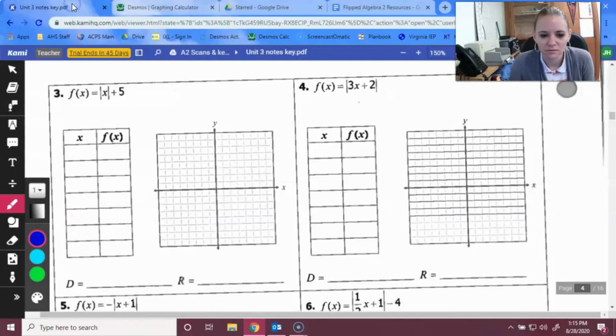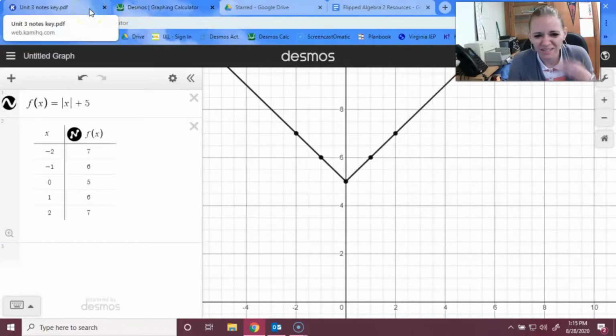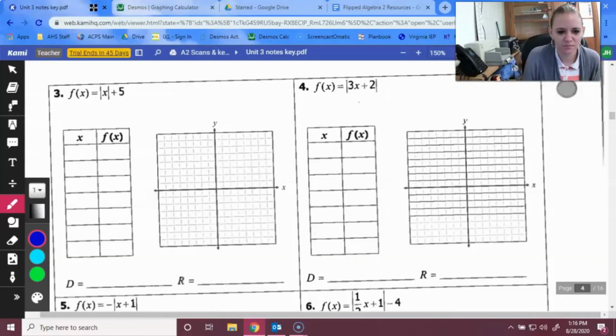Man, we are some spoiled people. We got this awesome calculator doing all of this work for us. Negative 2 and 7. Negative 1 and 6. 0, 5. 1, 6. 2, 7.